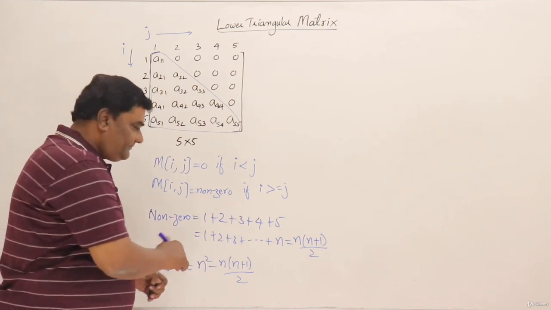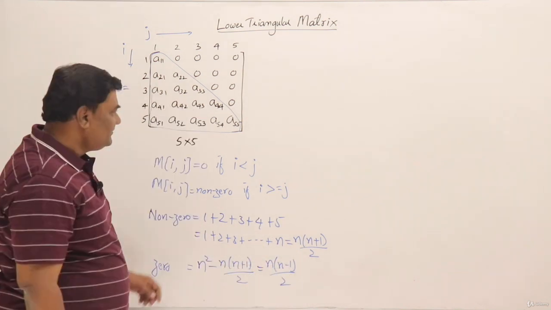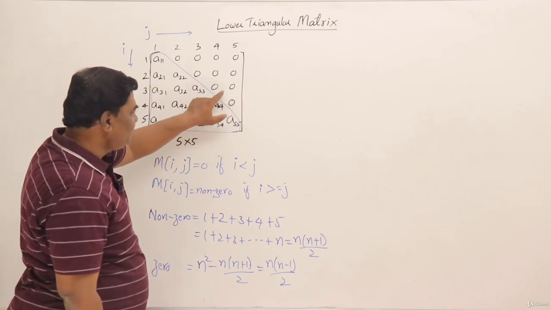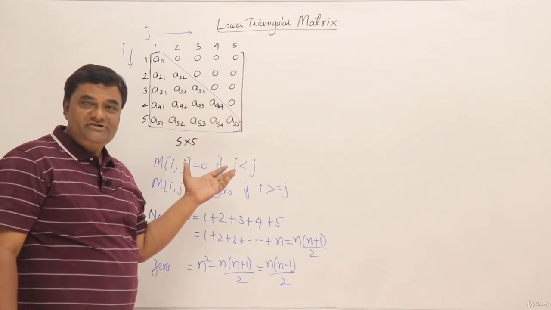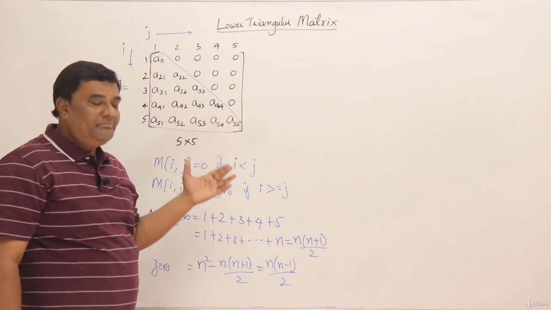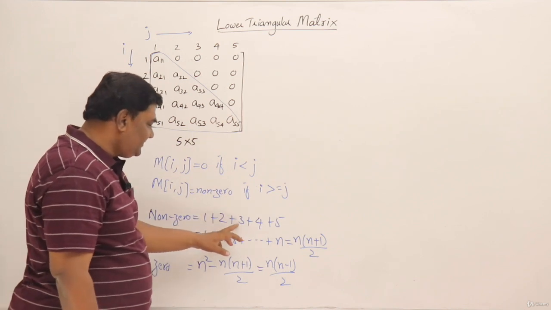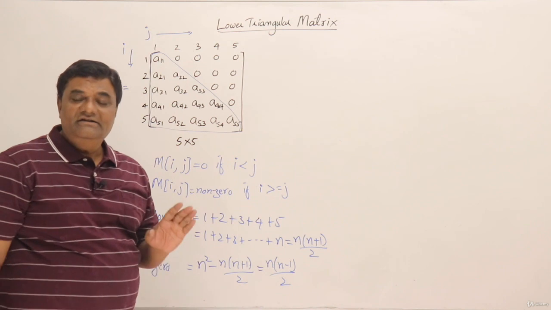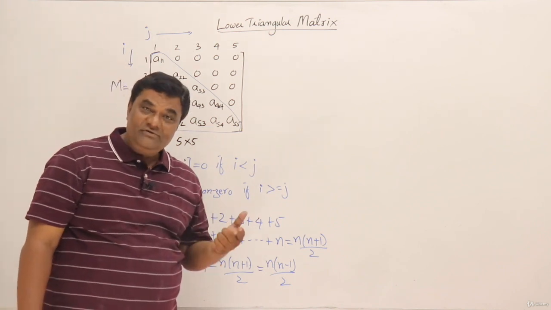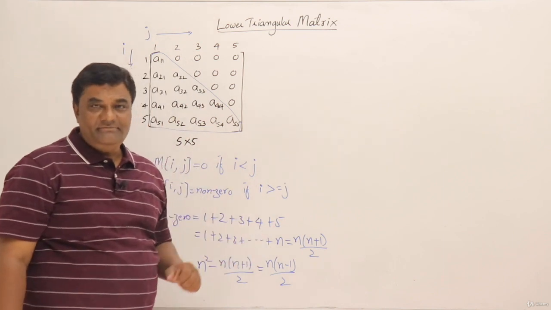So this will be n into n minus 1 by 2. So if you observe, here is 1 0, these are 2 zeros, then 3 zeros and 4 zeros. Dimensions are 5 cross 5, but the last number of zeros are 4. So this is going up to 1 plus 2 plus 3 plus 4. So that is n into n minus 1 by 2. So there are n into n minus 1 by 2 number of 0 elements and n into n plus 1 by 2 number of non-zero elements.